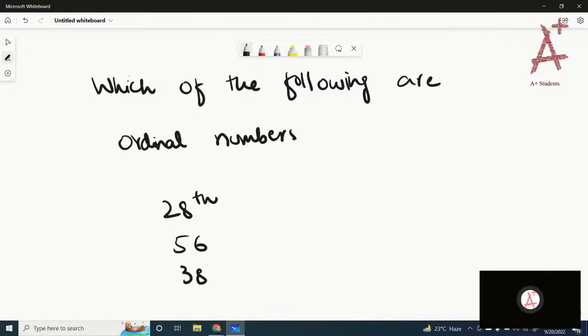You need to see which of them are ordinals. For ordinal, the O refers to position. So numbers like 28 are ordinals, because they tell you the position of something, and the rest of the numbers are cardinals. So you have only one ordinal, that is 28. Select the correct option. The first option is the correct one, and then click on the OK button.